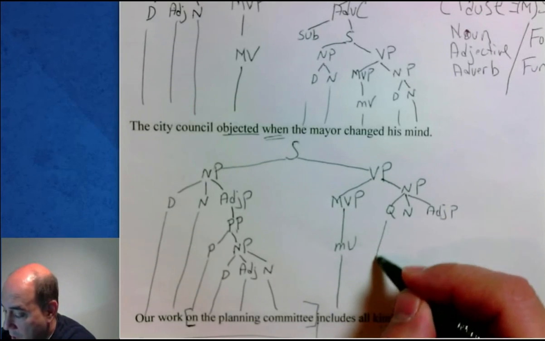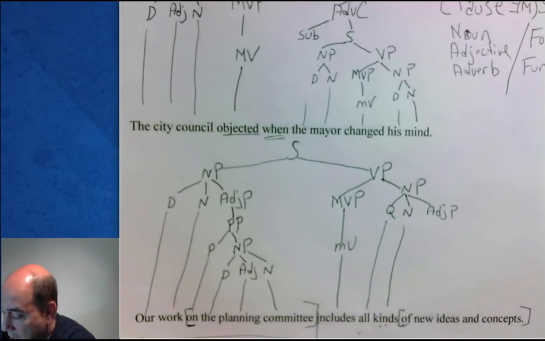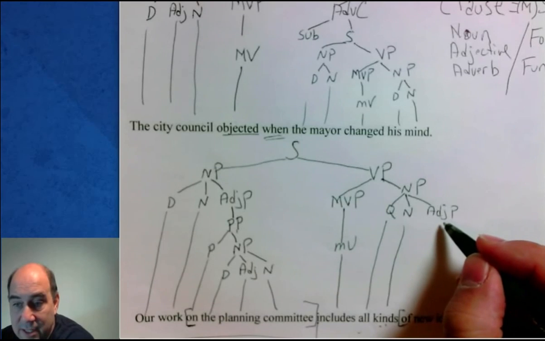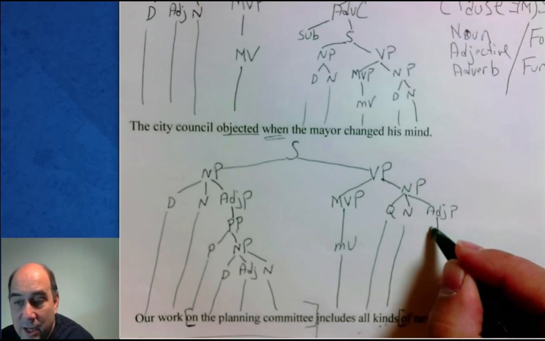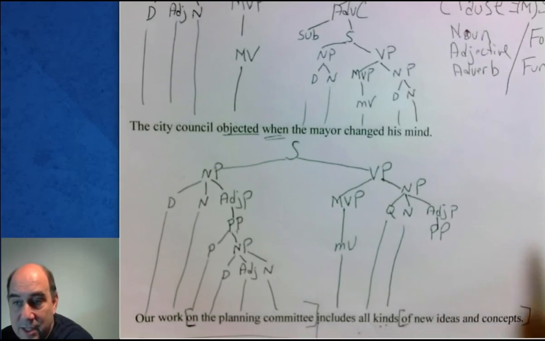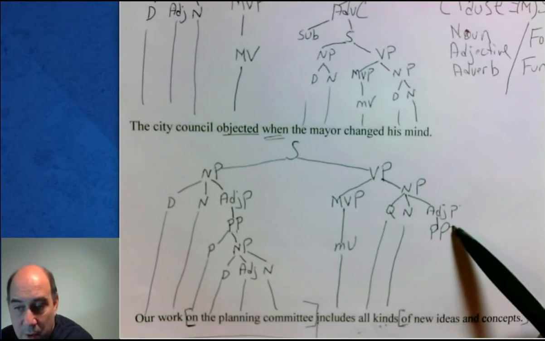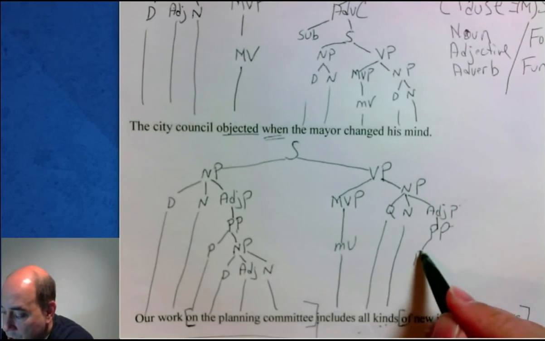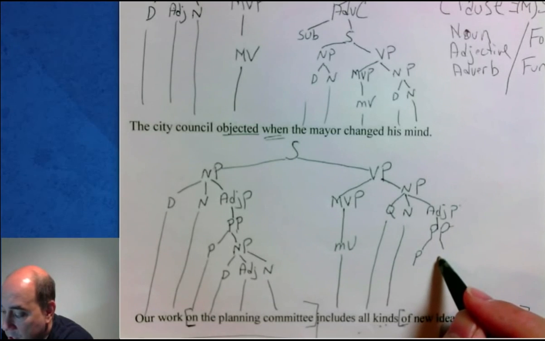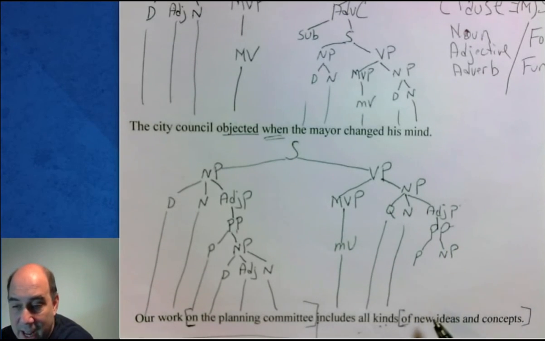All right, so quantifier here, kinds, and then this adjective phrase. Now the adjective phrase is actually a prepositional phrase. Again, we talked about form and function. Here's the function, here's its form. Off of a prepositional phrase, you're going to have a preposition and a noun phrase. Now this noun phrase is going to have new, that's an adjective, ideas and concepts.